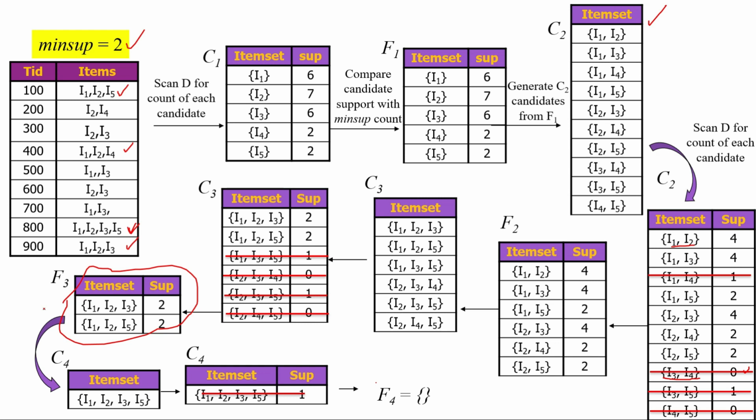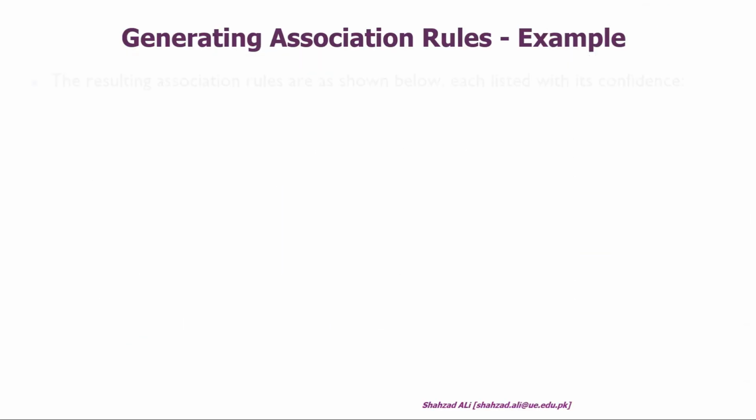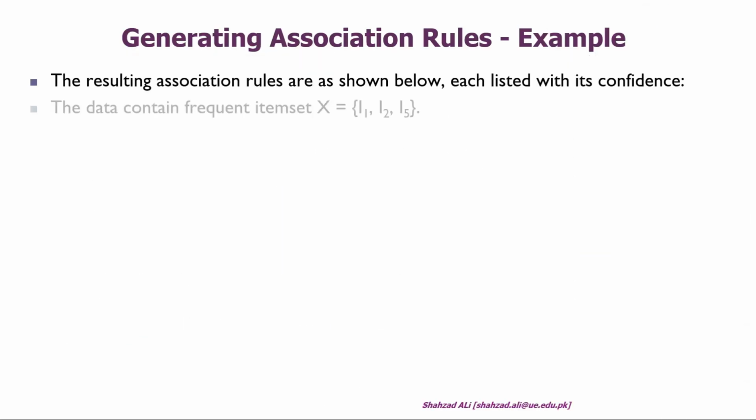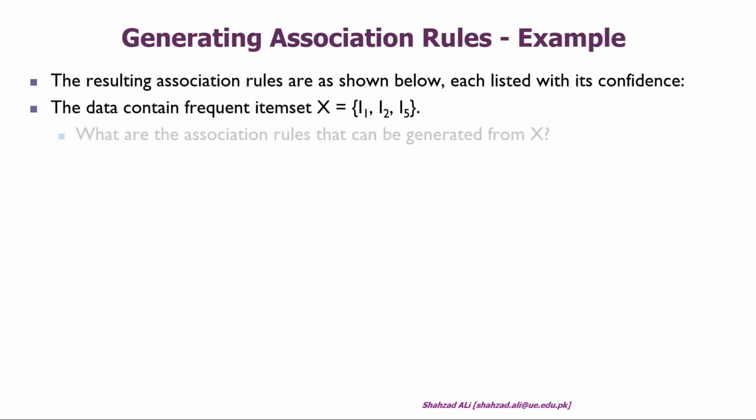So we use these frequent item sets in order to generate association rules. According to the rule of generating association rules, as we have already discussed, we have to generate sub patterns of the frequent item set. So suppose we have considered this frequent item set, which is I1, I2 and I5.